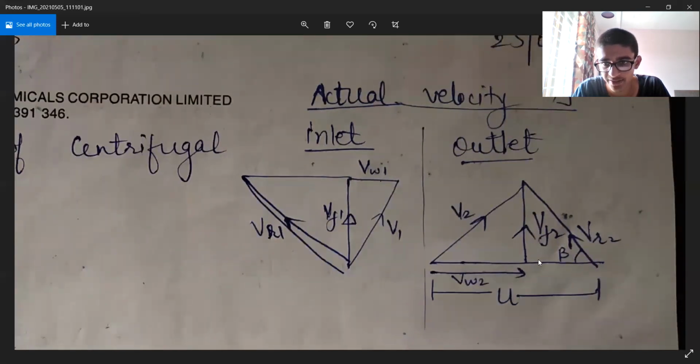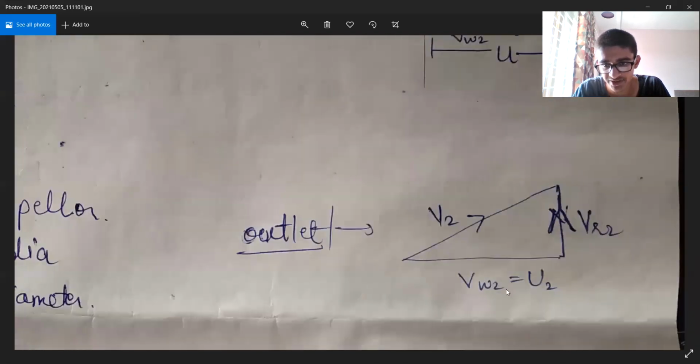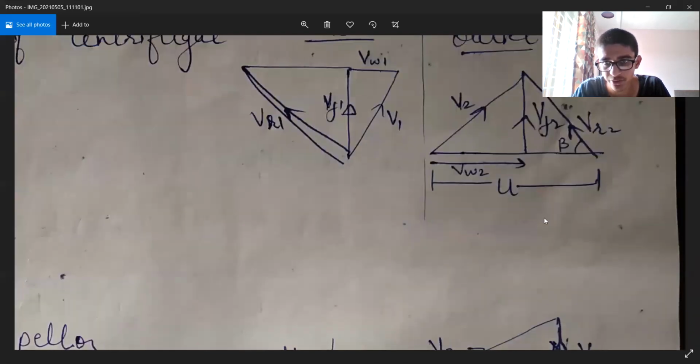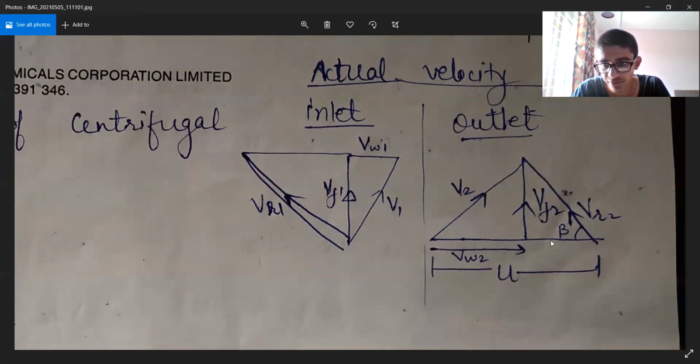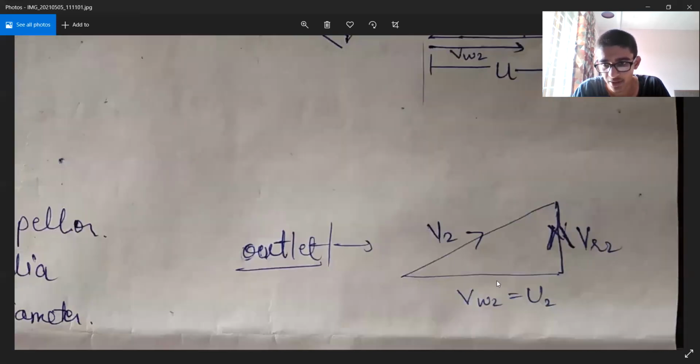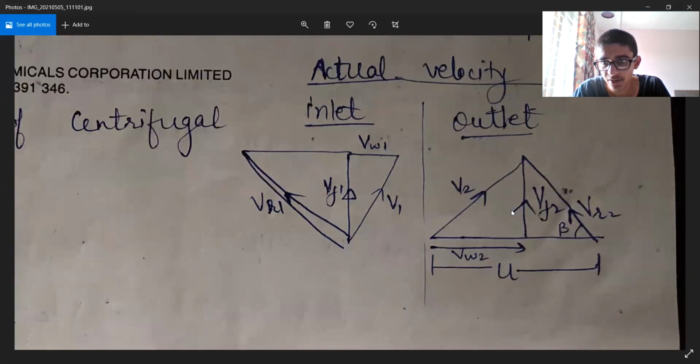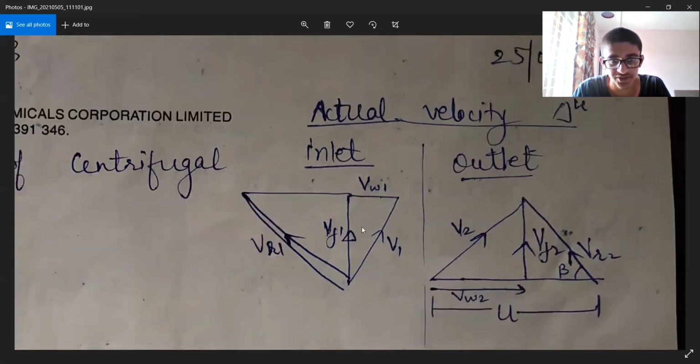At the outlet also, we knew that VW2 was equal to U2, but actually that is not the case. We'll have U larger than VW2, or VW2 smaller than U. So we'll have a non-zero VF2. VR2 and VF2 are not equal. You must remember that U minus VW2 is non-zero in the actual velocity diagram.